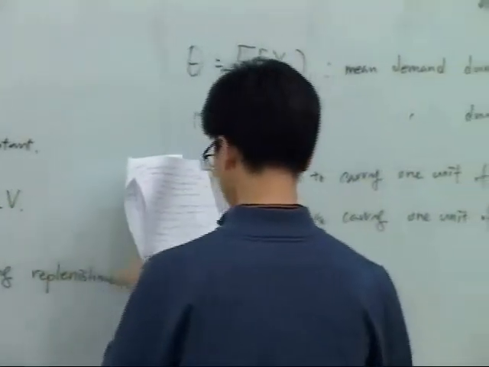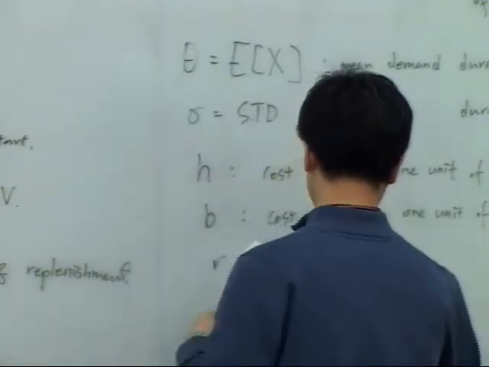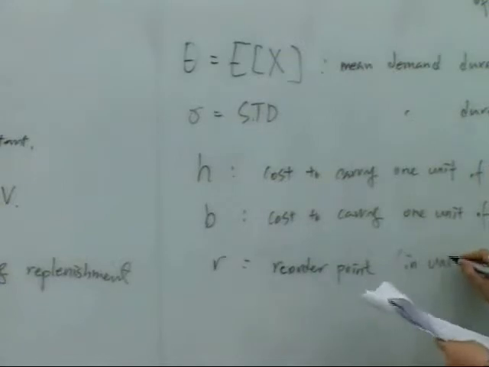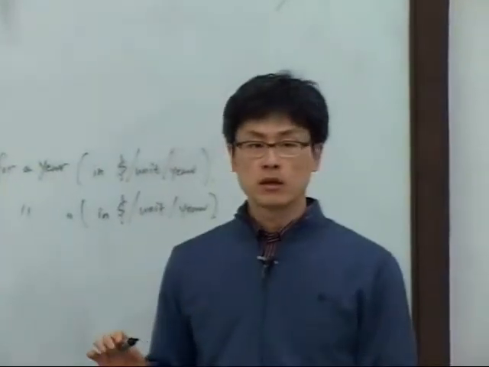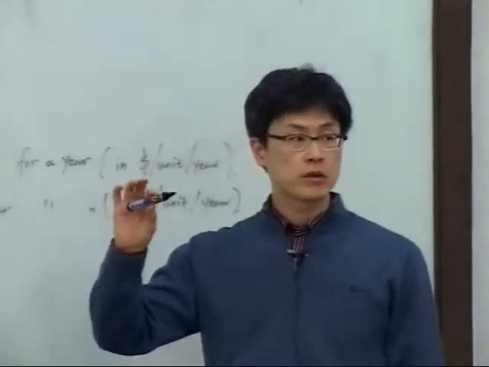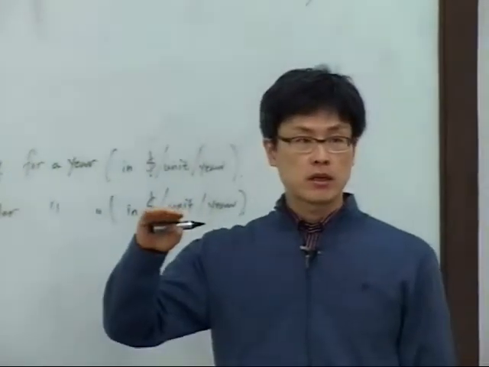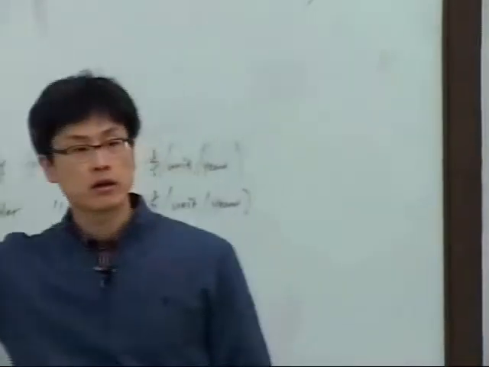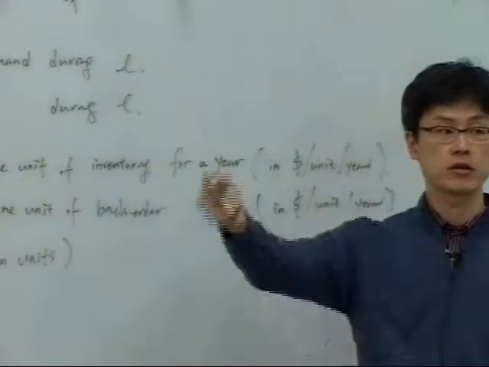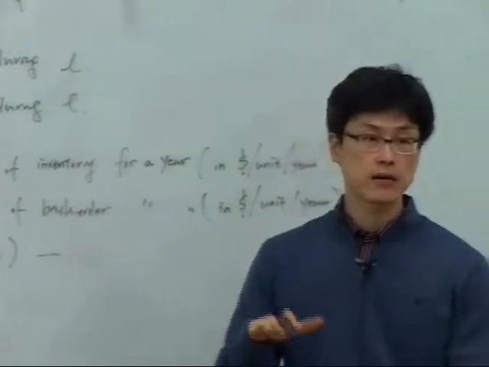R is the reorder point, in units. This is when to order. It means that when the number of units in my inventory gets lower and lower and eventually reaches this R, then I will put in a replenishment order. And we'd like to determine this safety stock level.